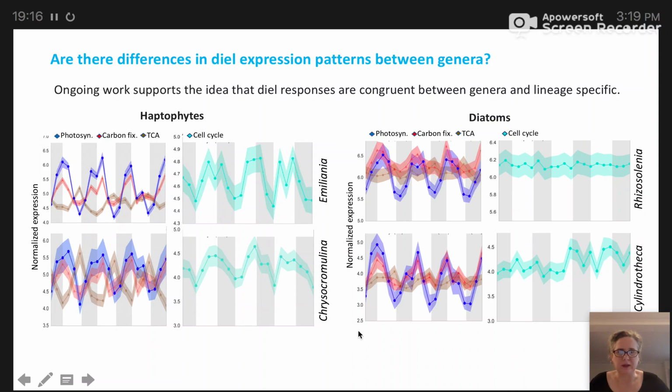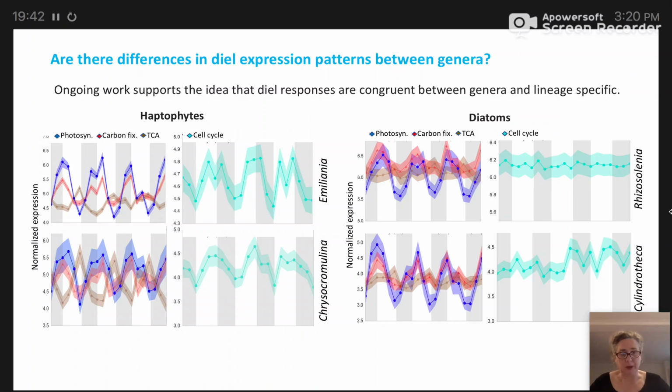All of these left-hand panels are the photosynthesis, carbon fixation, and TCA cycle that you've seen before. And because these organisms are photosynthetic, you can see that these patterns are highly similar regardless of whether you're a haptophyte or a diatom, and regardless of which genus of haptophyte or diatom you were looking at.